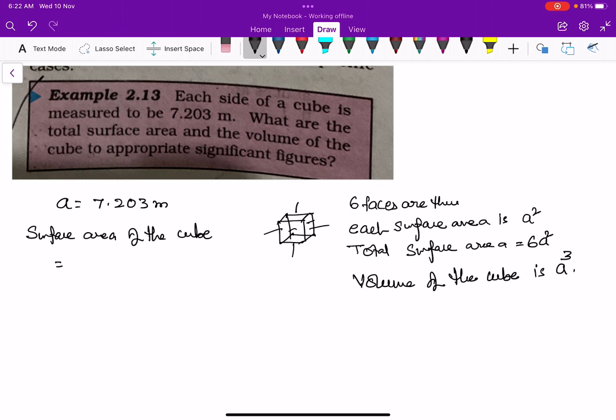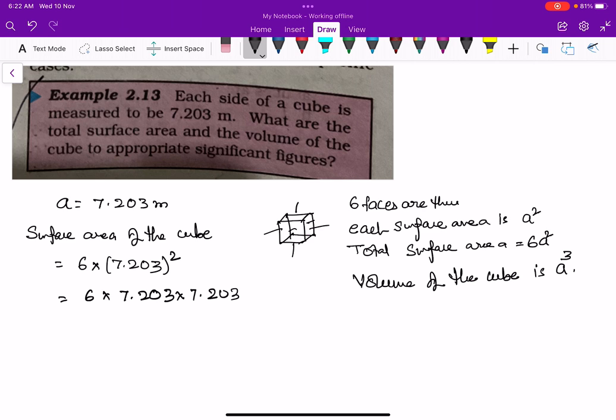is equal to 6 into 7.203 whole square. 6 into 7.203, right?